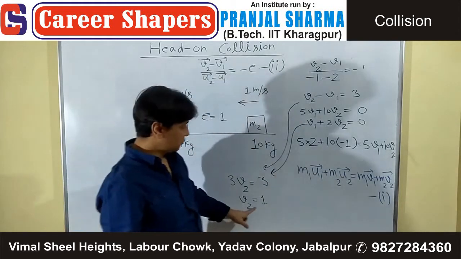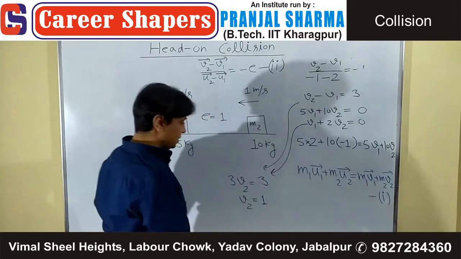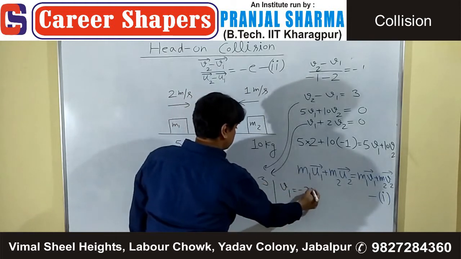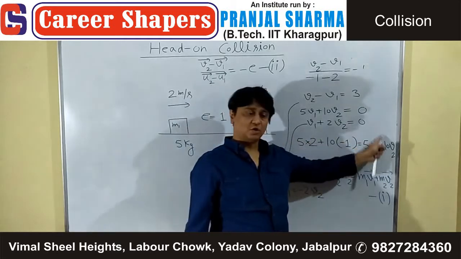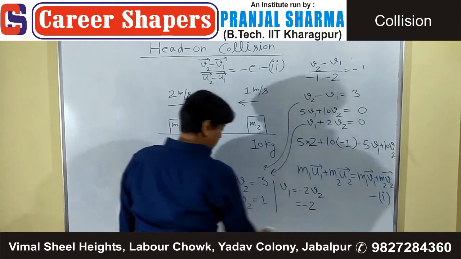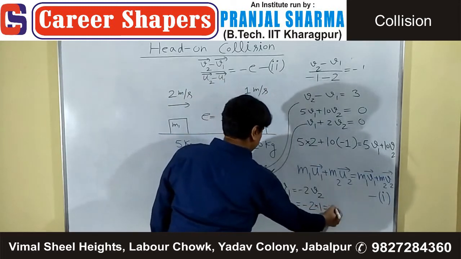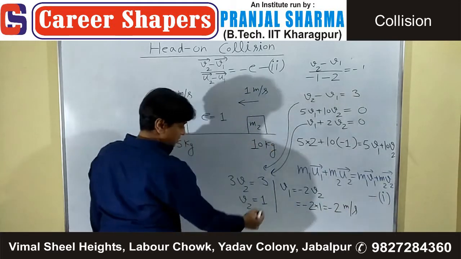I put this V2 in this equation to get V1. V1 is minus 2V2, which is minus 2, as V2 we have already calculated as 1. It becomes minus 2 meters per second.